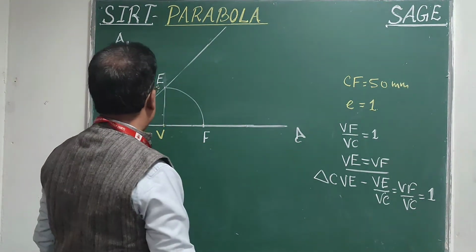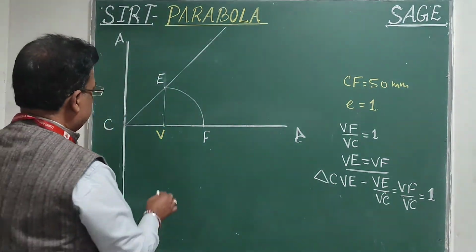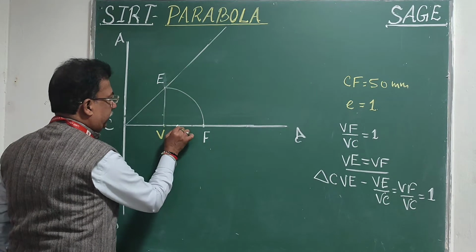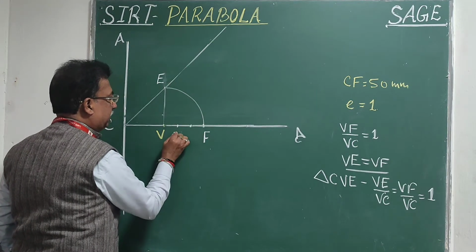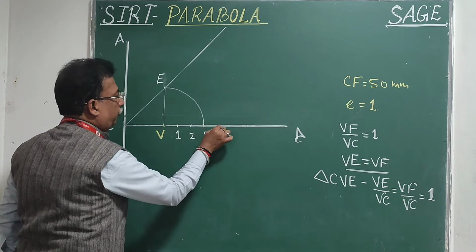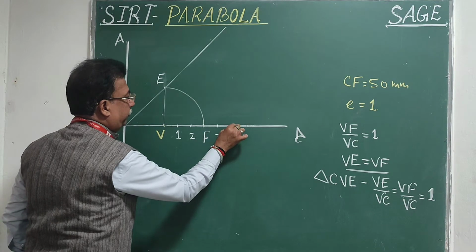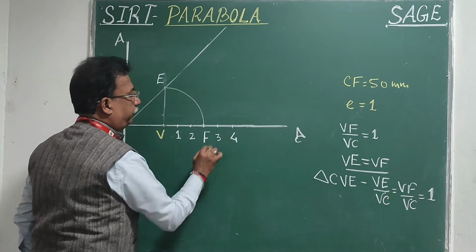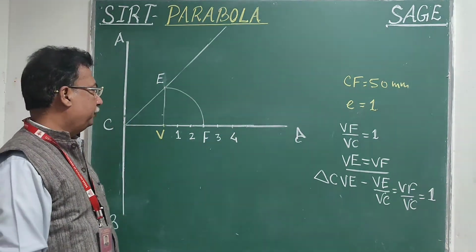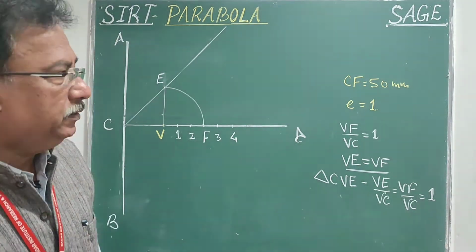Now after that, in between these two points I will mark two points randomly, maybe equidistant apart, and name them 1, 2. Further away from F I will mark another point 3, another point maybe 4, at any distance whichever you like. There is no botheration about the distance.